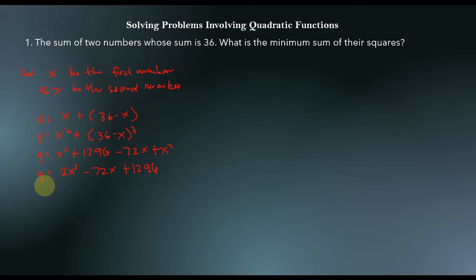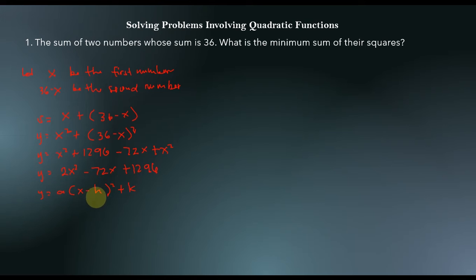Now we need to transform this into vertex form, so we could look for the minimum sum. We're going to use the formula for the vertex form, which is y equals a(x minus h) squared plus k.